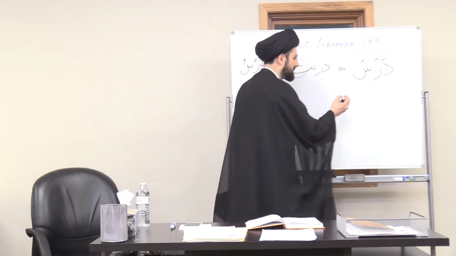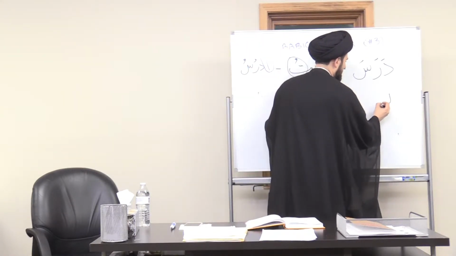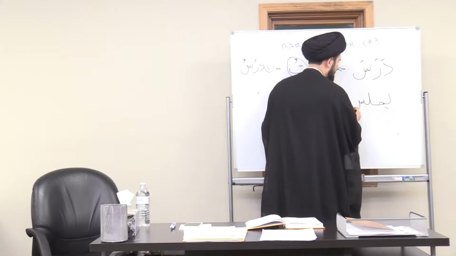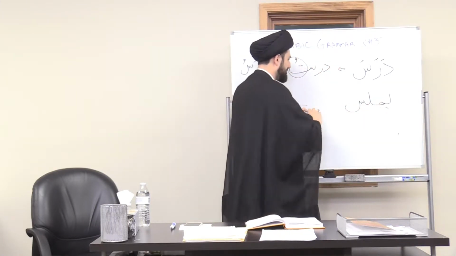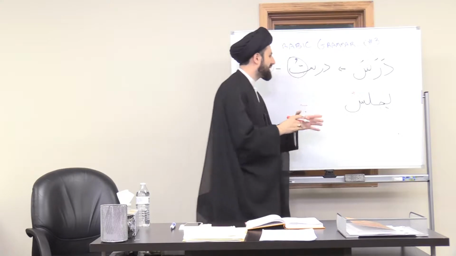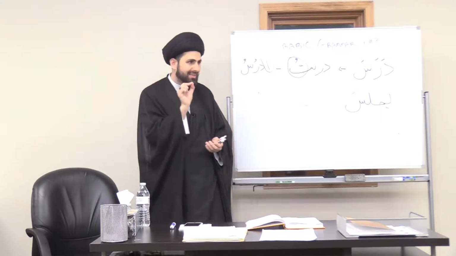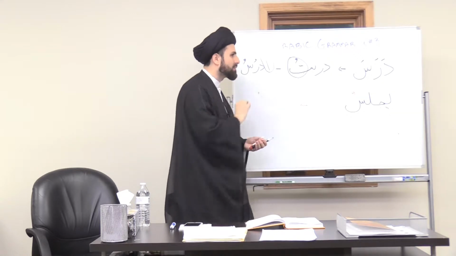Someone give me fi'l al-mudari'. Yajlisu. What does yajlisu mean? You see the dhamma? The dhamma is on the word itself, because the root word is jalasa. So you see there's a dhamma. Every fi'l al-mudari' ends with a dhamma. That's one way to indicate that this is fi'l al-mudari'.